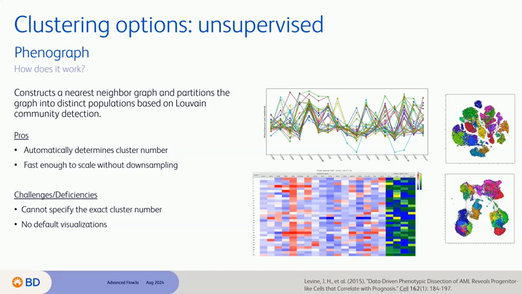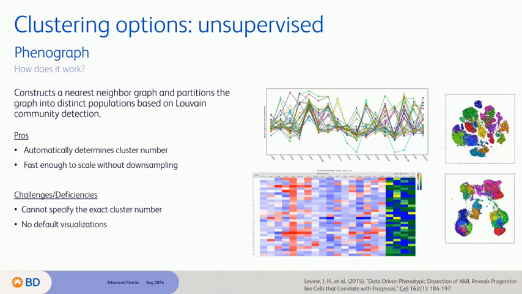And in this graph, each cell is connected to its k nearest neighbors, and it forms a network that captures the local structure of the data. And then from there, it applies a community detection technique, specifically the Louvain clustering method. So it applies that to this k nearest neighbors graph.